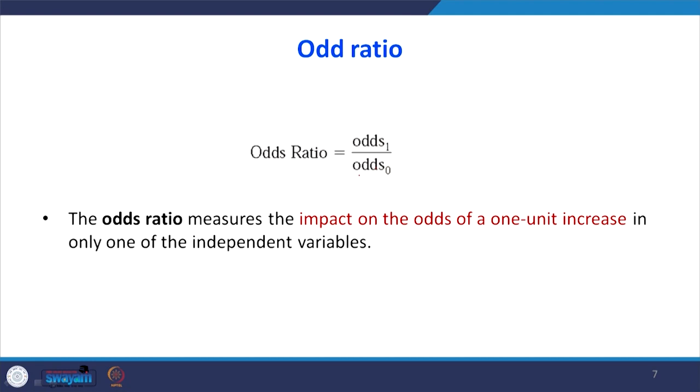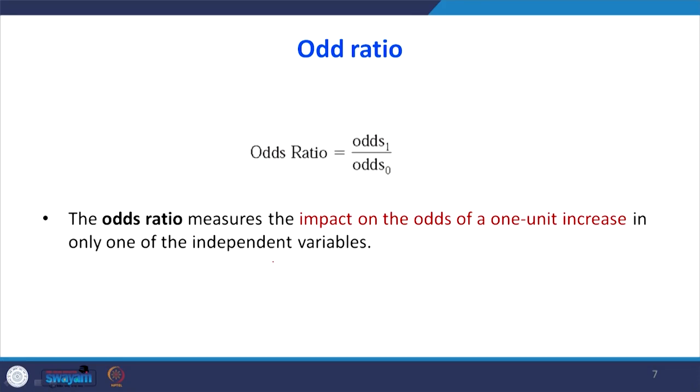That means when at the 0th level what is the odds, when at the first level what is the odds. So, the 0th level means, for example, those who are not having a credit card, that is odds 0. Those who are having the credit card, suppose we are jumping from one level to another level, odds 1 is those who are having the credit card.